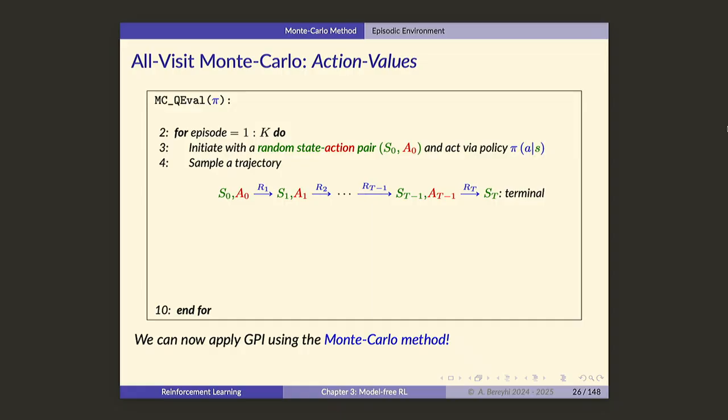If I have, say, 100 of those samples, then eventually when I average all of them, this is going to be an estimate of my action value function at the point S0 and A0, right? Everybody's clear? So same idea. Now instead of just thinking about the state, you're thinking about the pair, state and action together, right?